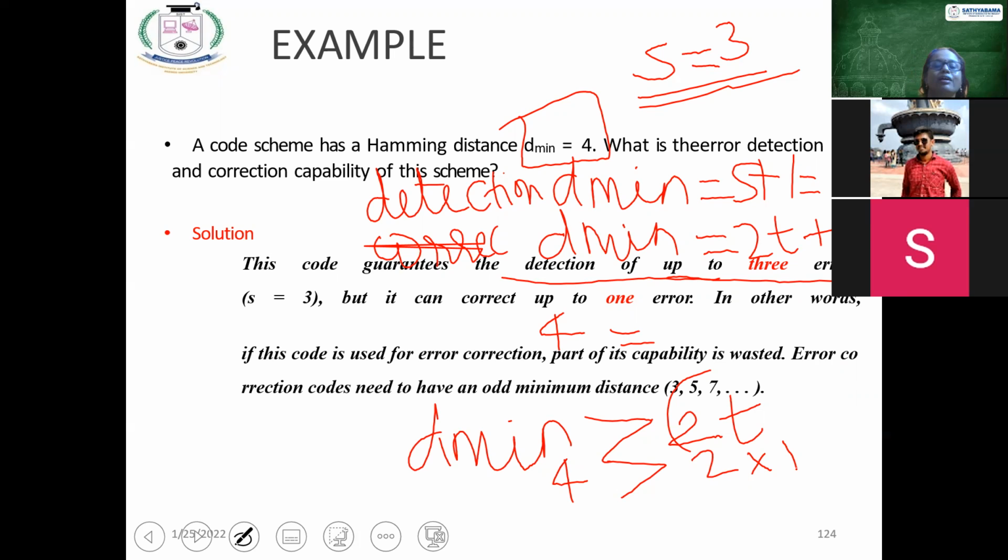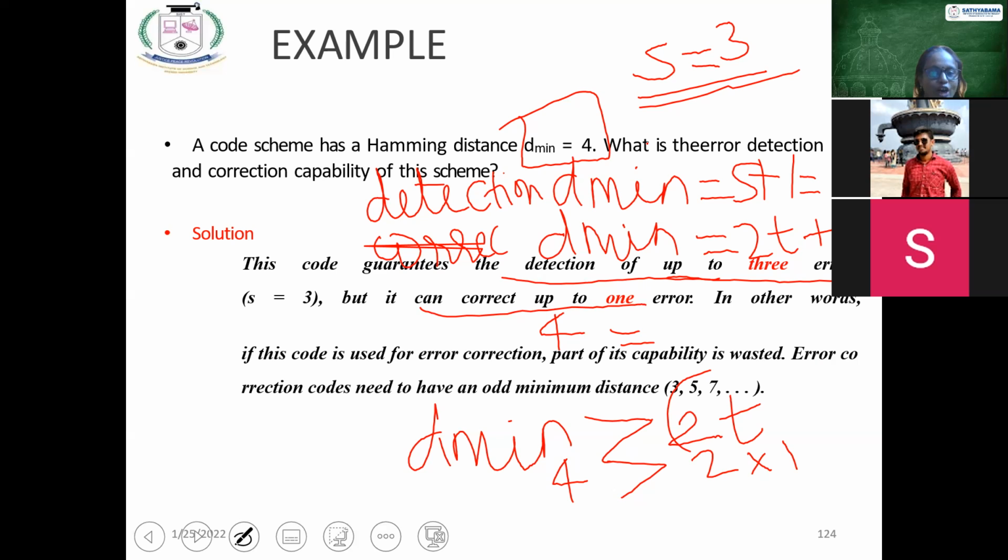So it can detect 3 errors, but it can correct only how many errors? Only one error. There is no possibility of 1.5 bits. 1 bit is there. Is it clear?